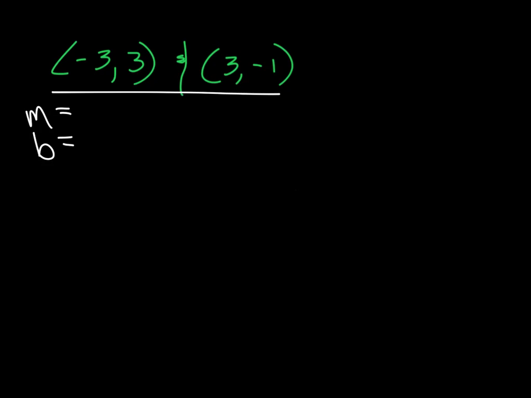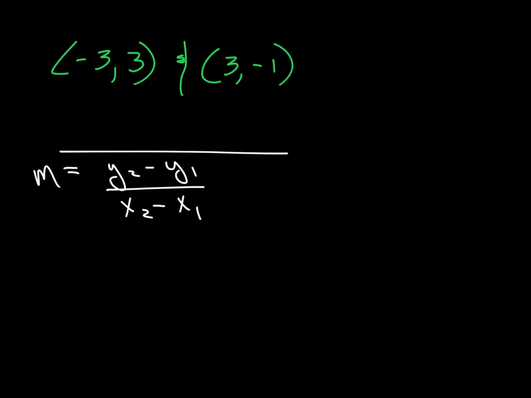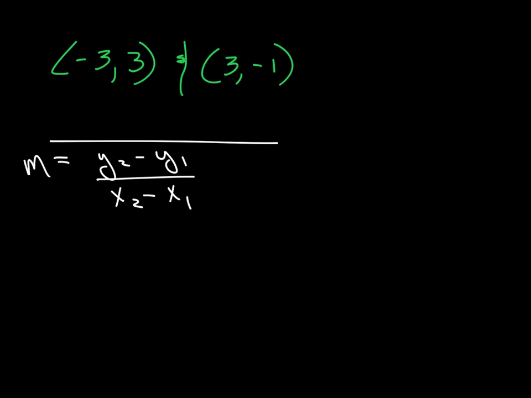Okay, so if you remember, to find the slope, this was a little while ago, we took y2 minus y1 over x2 minus x1. Remember doing that? Let's move this down here, and we're going to call this x1, y1, x2, y2. I like to do that so I don't get them confused.